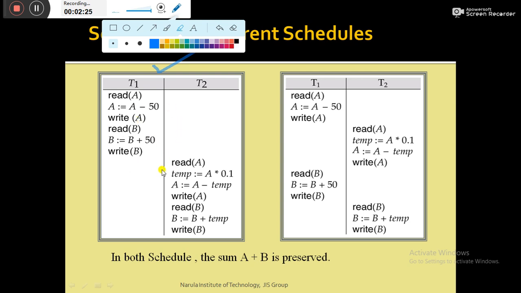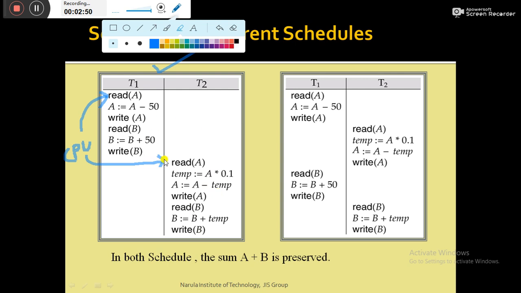From that serial schedule, we can conclude that the central processing unit of the computer system first starts executing T1. Once T1 has successfully completed its execution, the CPU releases T1 and then switches to the next transaction T2 and starts executing it.